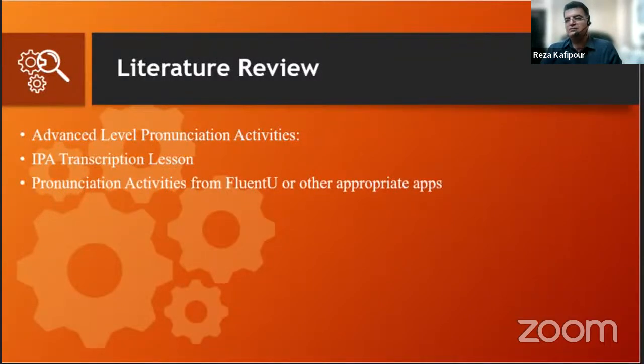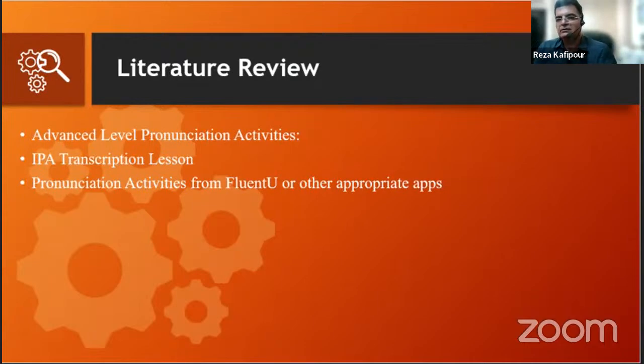They make pronunciation fun with these clever ideas. I think one of the questions in the chat box was related to this point: how can we teach pronunciation to our students in an interesting manner, in order not to make them tired and to make them interested in learning correct pronunciation?